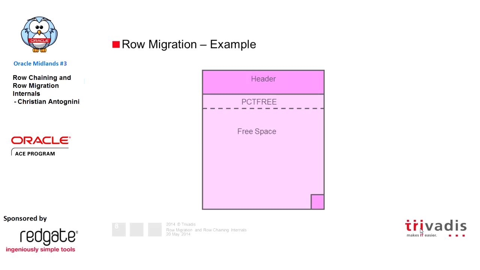Just an example. Let's take a free block. We have the header and the tail, which are always there, and then let's say that we have the PCTFREE set to something like 10% here. If we start inserting data, what Oracle does is start inserting the data in the block, and interestingly, it inserts the data at the end of the block. Why not at the beginning?